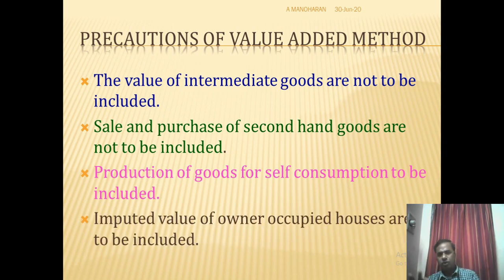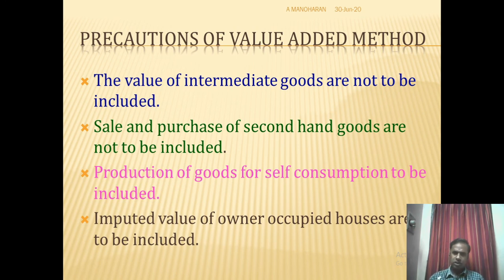Imputed value of owner-occupied houses is to be included. Say, for example, a house owner has two identical houses, assume. In one of the houses, the owner is living. Another house he gave on rent for rupees 10,000. Right? So the value of 10,000 is already included in the national income. But the value of owner-occupied houses is also to be included.